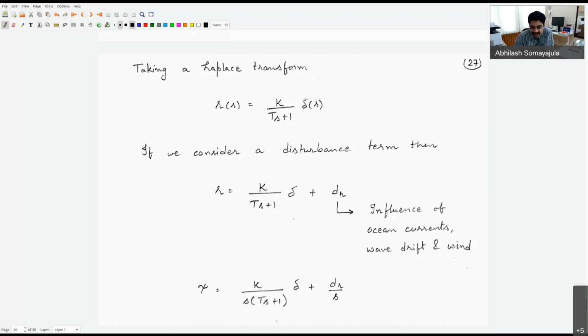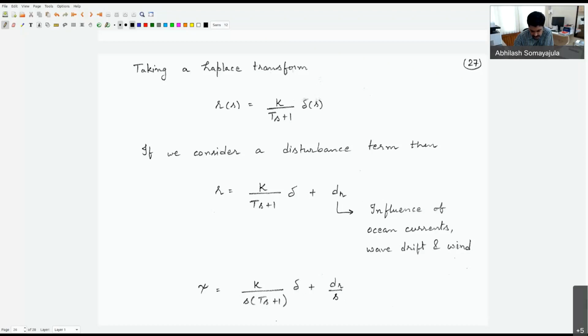I can integrate this to get the value of psi. So I can see that this will become K divided by s times (Ts plus 1) times delta, plus d_r by s. Everybody understanding so far what's going on? Yes, sir. Anand, you're able to follow me?